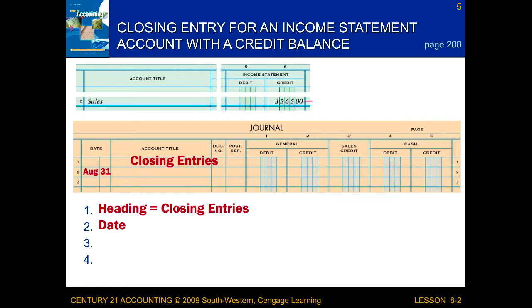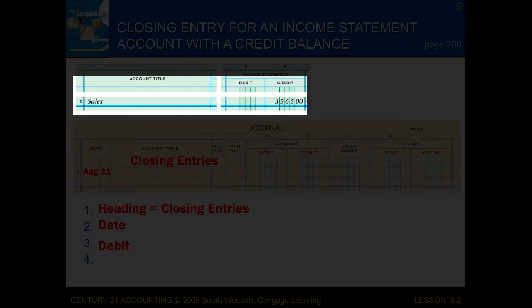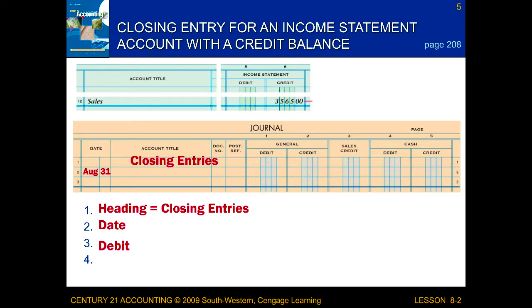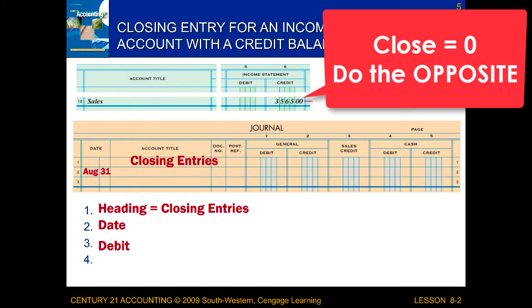Now, on my journal, I always list my debit first. In this case, I have a sales account with a credit of $3,565. In order to get the credit account down to zero, I need to do the opposite of what's in there.